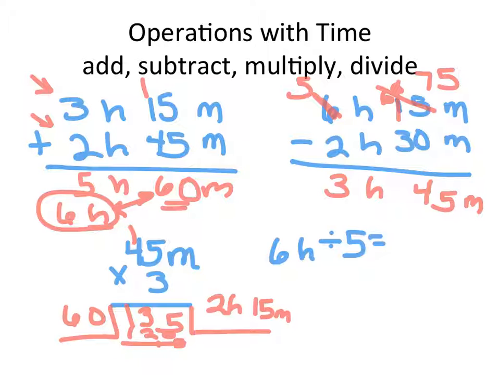What if I wanted to practice 6 hours for the week, and I'm going to practice 5 days a week? So I divide 6 hours by 5 days. How would that look? Well, I can divide that just the way I would here, and I can say, well, that would mean 1 1/5 hours. What if I want to know how many minutes that is? Then I'd have to convert my hours to minutes.